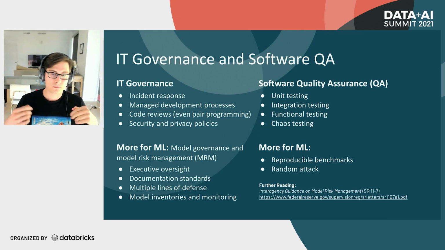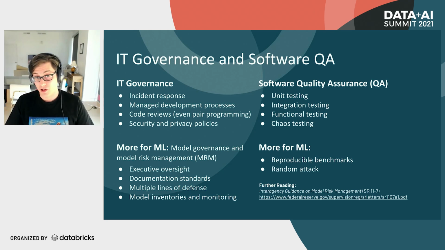All right. So most big companies who make or use software have a decent idea of how to control risk around it. And the question becomes, why are data scientists or machine learning engineers or machine learning projects given a pass on basic IT governance and software QA? I'm not saying that happens everywhere. I will say that happens in a lot of places I've seen, though. So we know about things on the IT governance side.